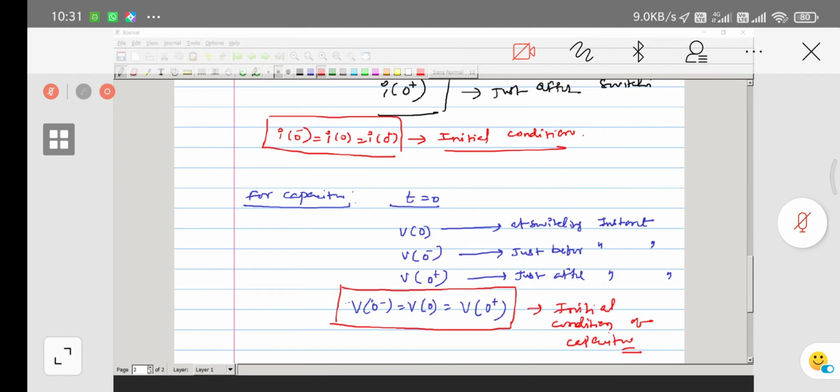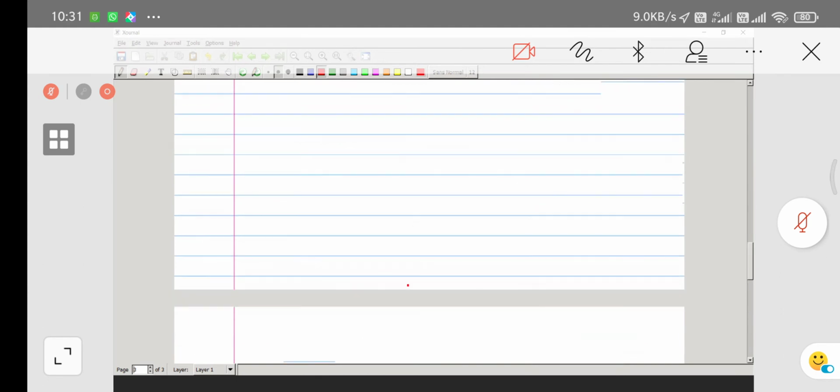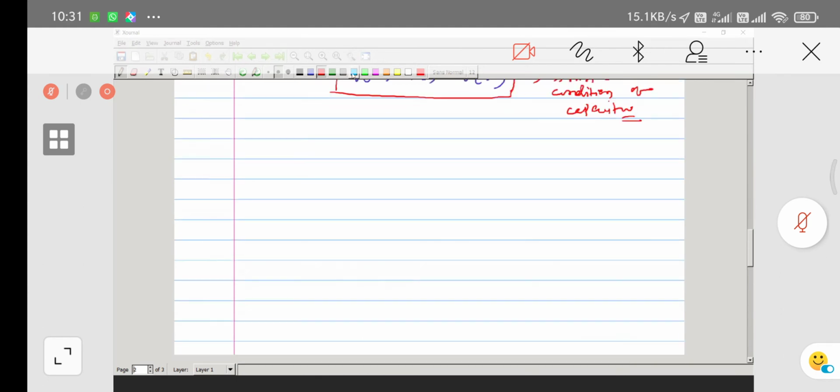It means, for example, if you have a circuit like this, I am closing the switch at t equal to 0. At t equal to 0, the capacitor has some voltage, say 15 volts. If it gradually decreases, at a particular time it is essentially reduced to 0.